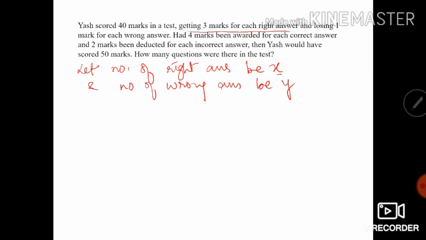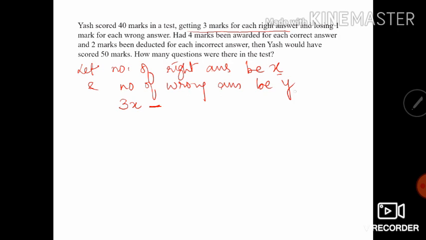So the marks he will score for the right answers is 3x. And for each wrong answer, he loses 1 mark, and the number of wrong answers is y. Because it is negative marking, there will be a minus sign.